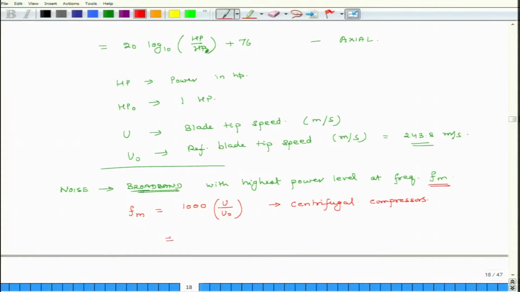And if we have an axial compressor, then it is equal to 2 times the number of blades times Nr. So, this is the number of blades in the first stage of the compressor, because a lot of these axial compressors don't do compression in one go.